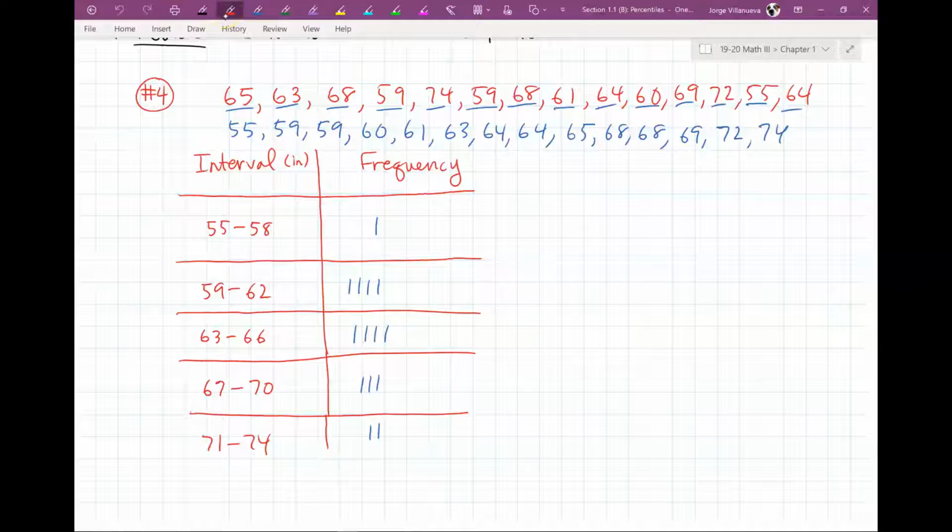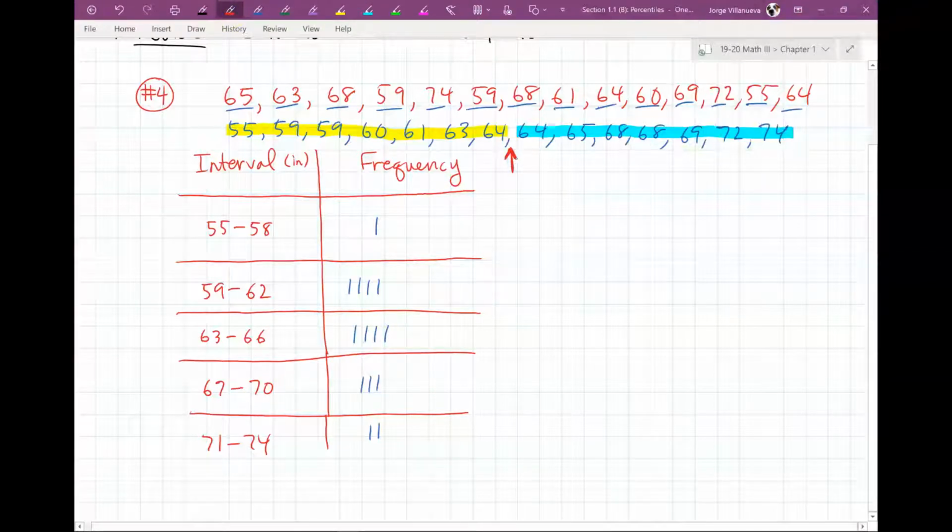Part B says which interval contains the median. Okay. Well, what's the median? If there's 14 different numbers, where do I find the middle? At about the 7th number, close to there, right? So let's see. 1, 2, 3, 4, 5, 6, 7. So that's 7 numbers. And then I'm going to notice that there's also 7 numbers to the right of it. So the middle should be right here.